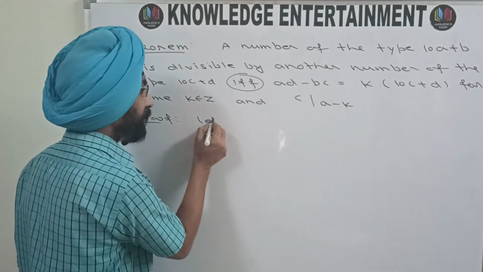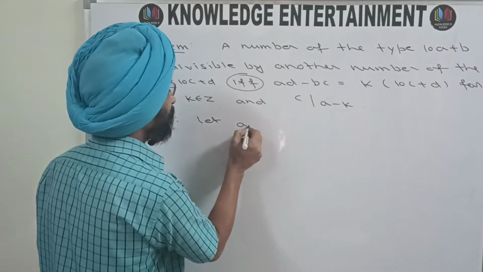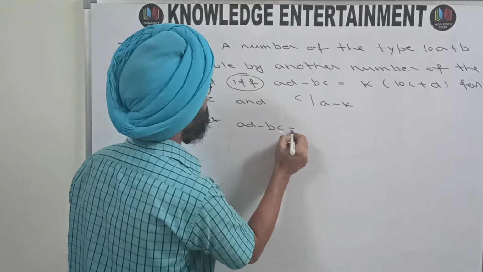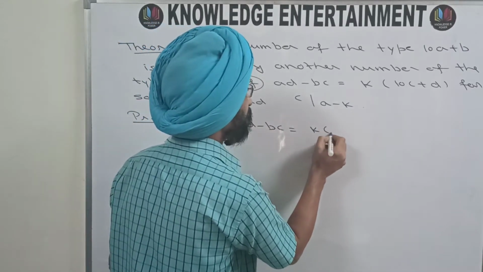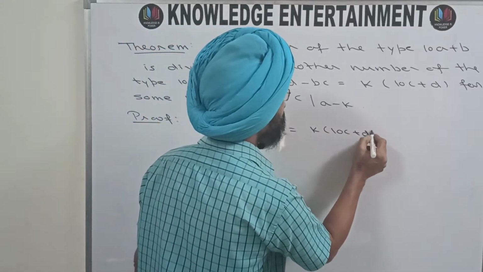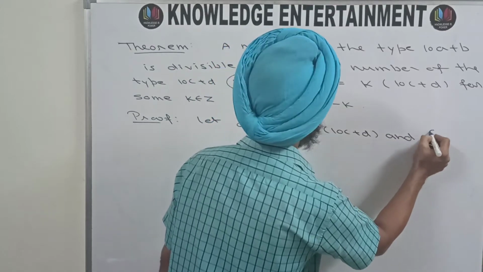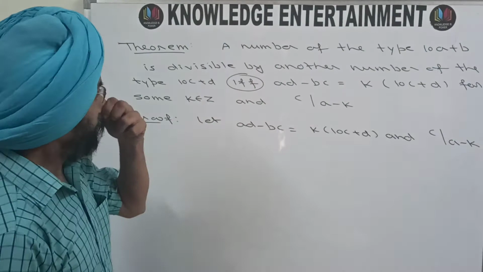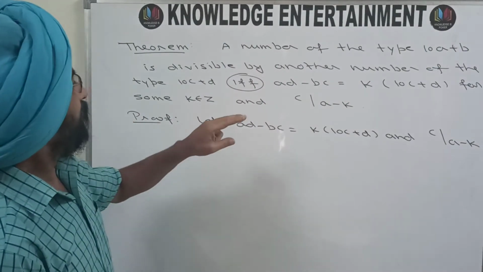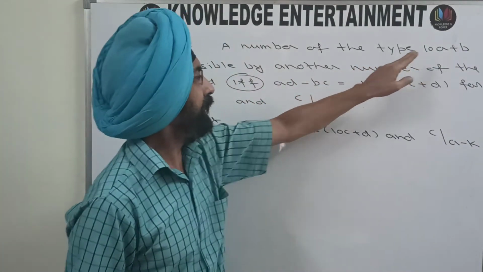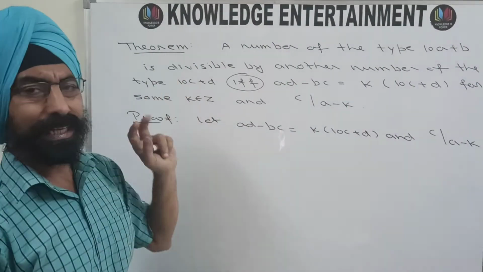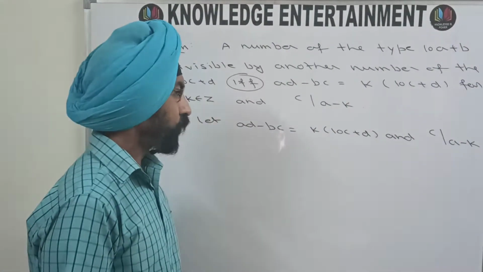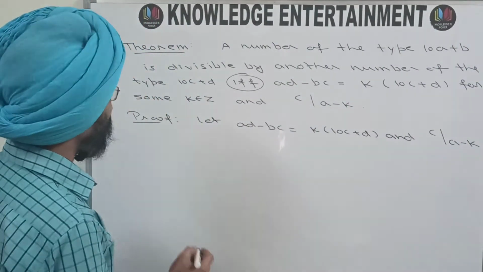So let ad minus bc be equal to k times (10c plus d), and c divides a minus k. This is given to us, and now we want to show that 10a plus b is divisible by 10c plus d. So I'll have to start with 10a plus b.